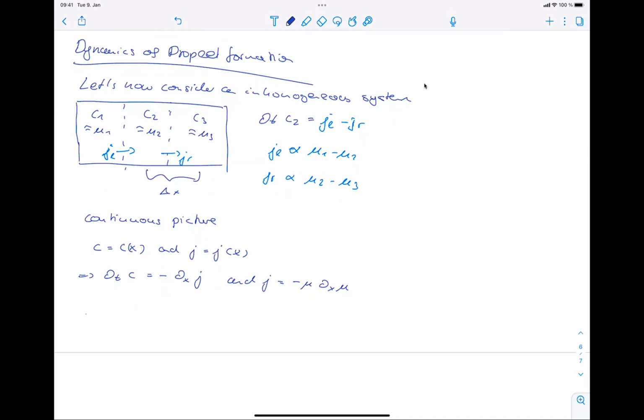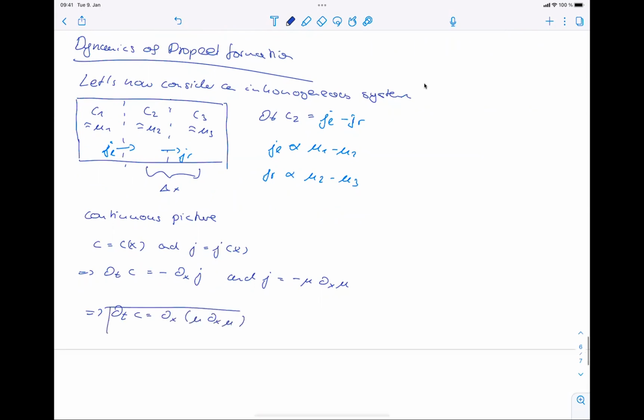So taken together, inserted in the flux, I find that the dynamics are given by dx of mobility times dx mu, which is a generalized diffusion equation.